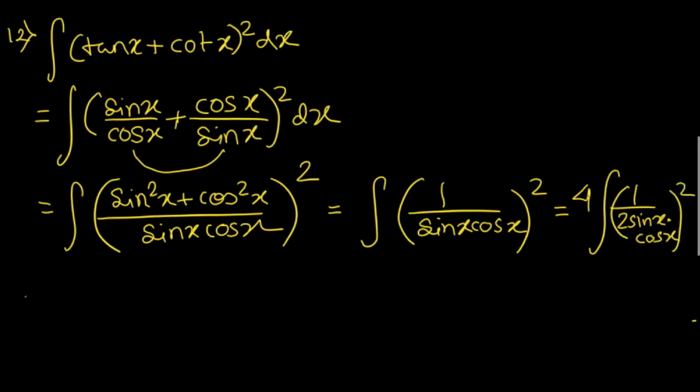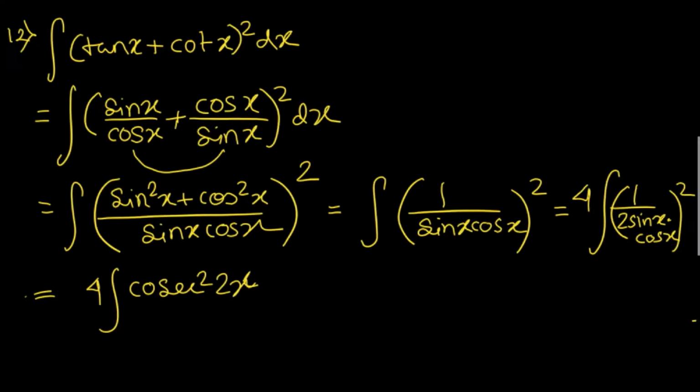We can easily write that because when 2 comes out of the power, it becomes 4 and 4 gets cancelled. So we can write that without violating the laws. So 4 into integration of 2 sin x cos x whole square. This is a trigonometric identity which gives sin 2x. So 1 by sin 2x, the inverse of sin 2x is cosec 2x, and the square is there, so cosec square 2x.